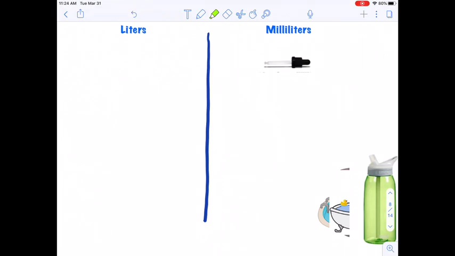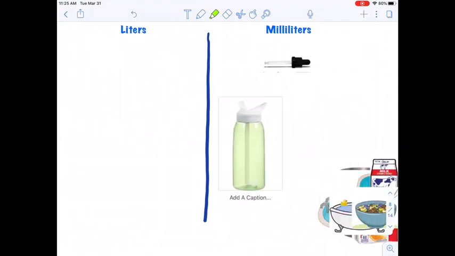So if that was to hold 5 or 6 milliliters, think how small just 1 milliliter is. It's about the size of a teardrop. So I want you to keep that in mind when we're talking about how we would measure things today.